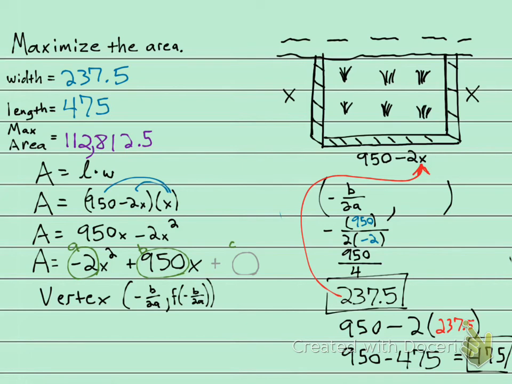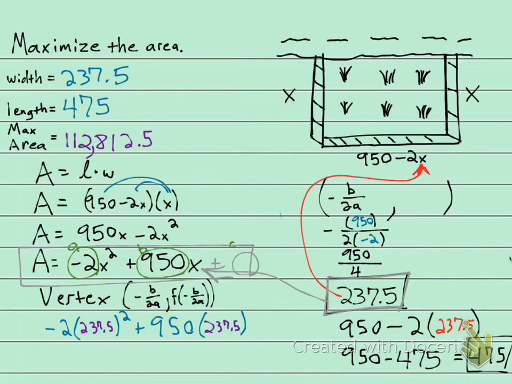And guess what? If you took this x, which we found right here, I'm going to box it in gray, and you plugged it in to our area function right here, I guarantee that you will get 112,812.5. Pretty neat.